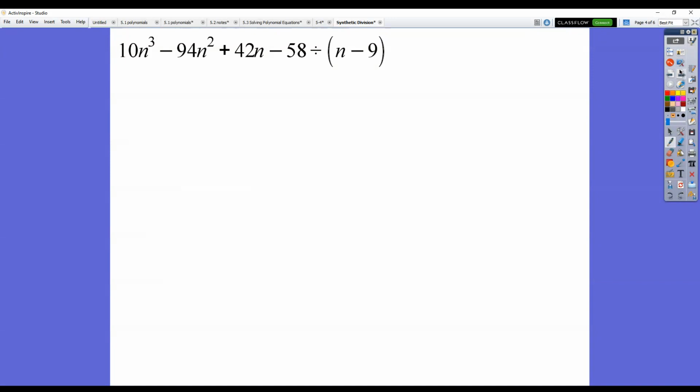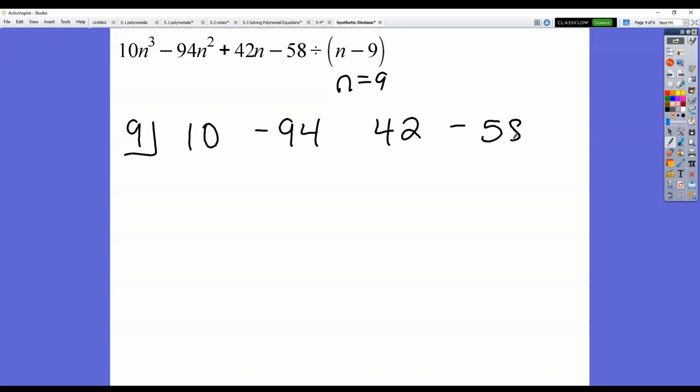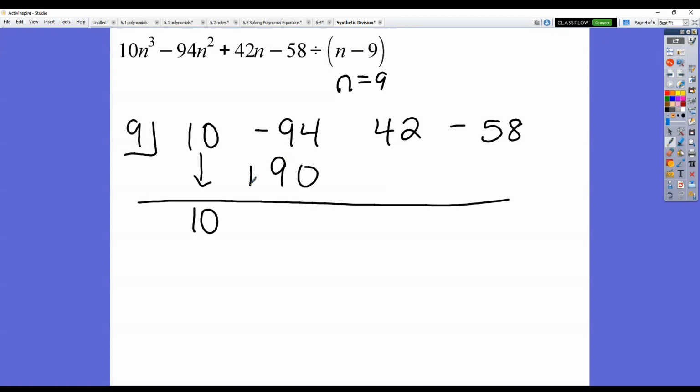Okay, the next one. What's the 0? 0 is 9. Okay, if you want to, pause the video, see if you get the same answer I do. Multiply, add. 9 times negative 4, negative 36.